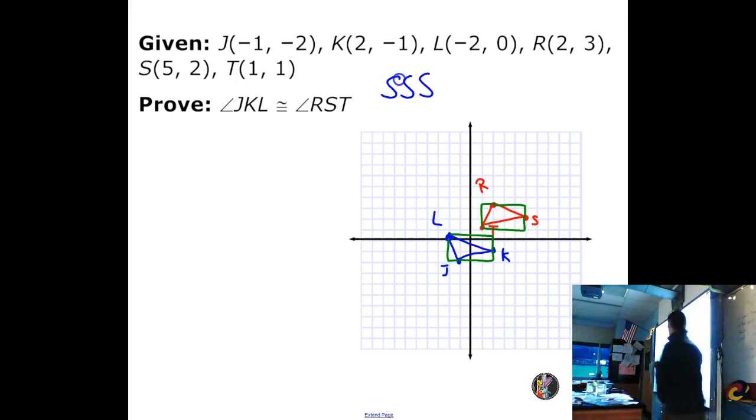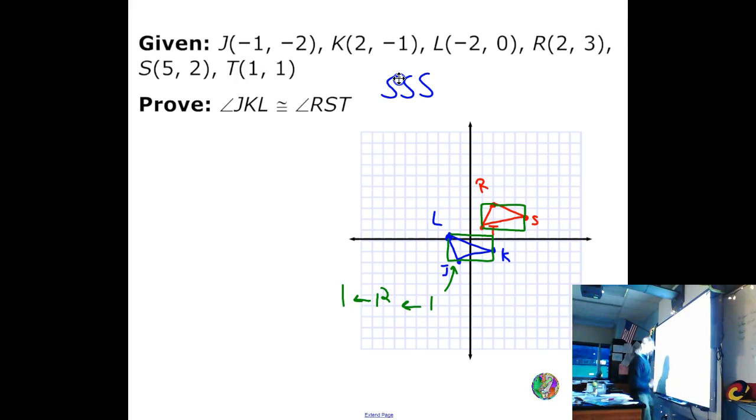Come on in, Jasmine, I'm just doing a problem on the board. So what we need to do is the side here is 1, and 1 squared is 1. This side here is up 2. 2 squared is 4. In order to find c squared, you add a squared plus b squared equals c squared.